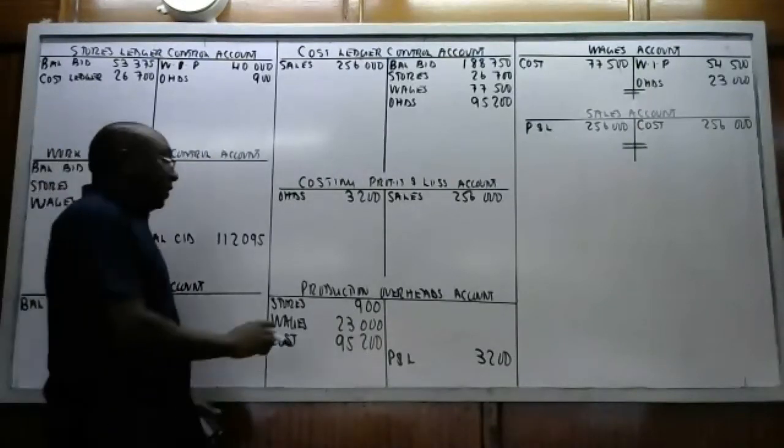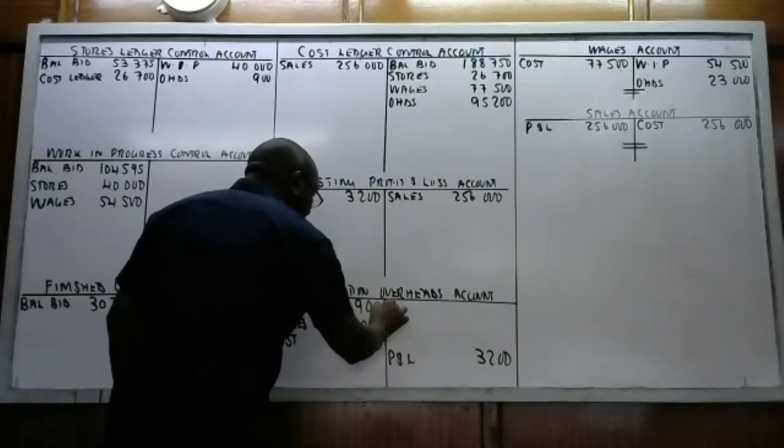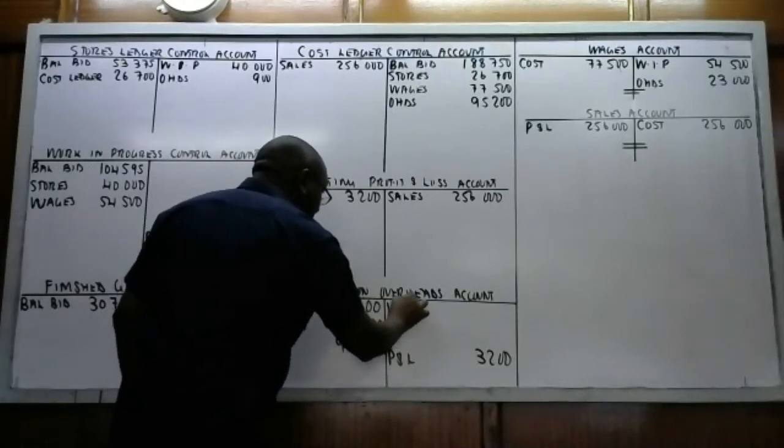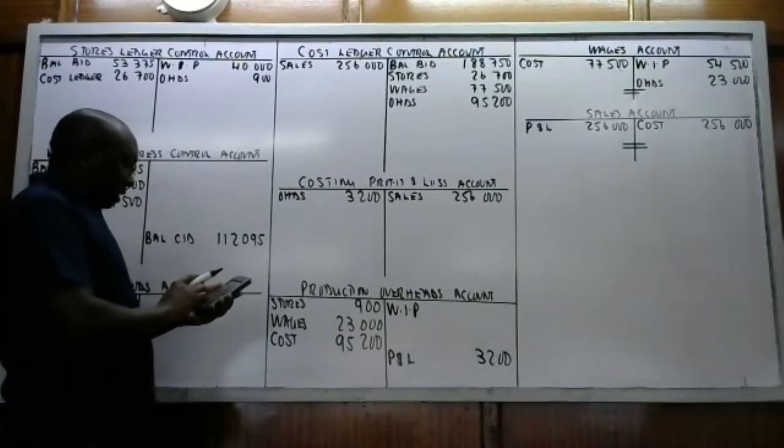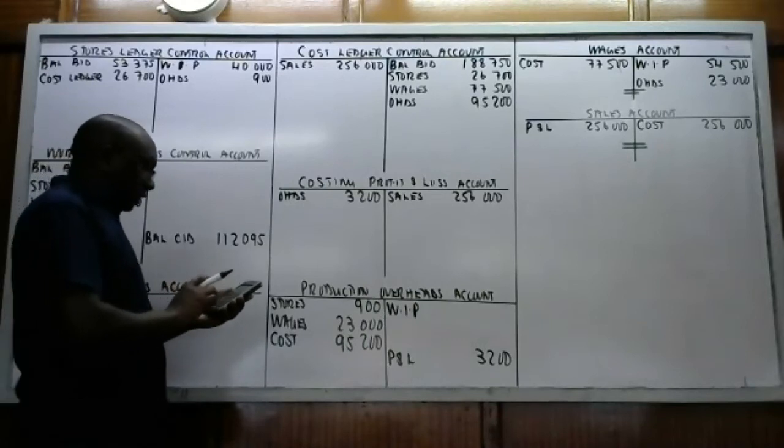And that balancing figure is what must have been absorbed and taken to work in progress. So we say 900 plus 23,000 plus 95,200 minus 200.